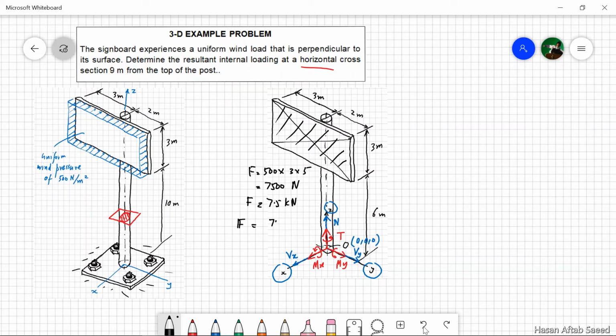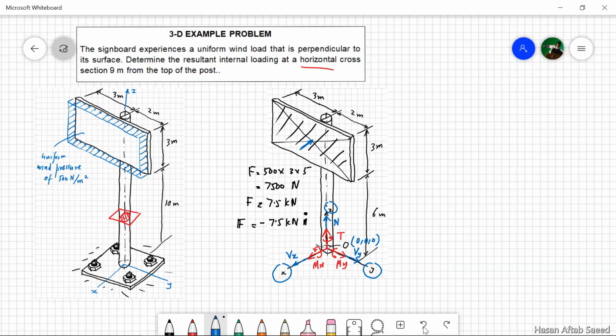We can write the same thing as minus 7.5 kilonewton i. This means it is in the x direction, and negative sign because this force is acting in the negative x direction.